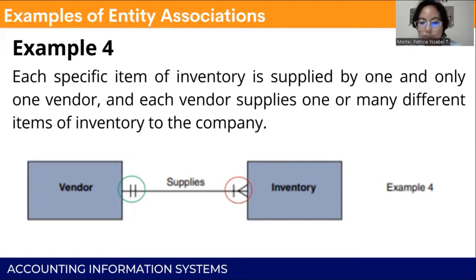However, it's with one short line this time, which represents 1. This is because each vendor supplies one or many different items of inventory to the company. Meaning, for every occurrence in the vendor entity, there are two possible occurrences in the inventory entity, one or many.